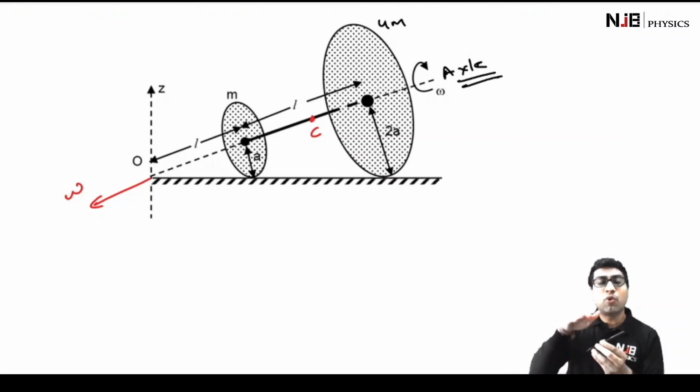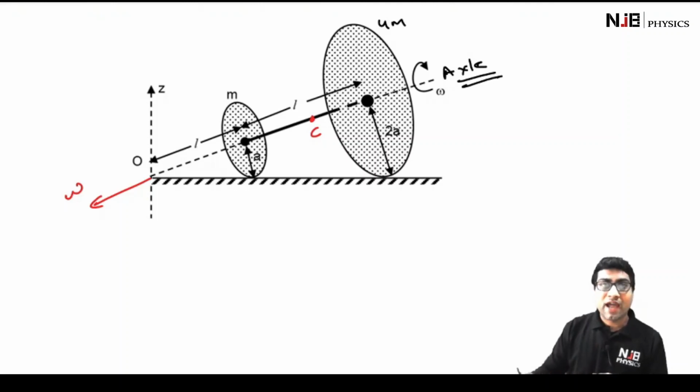And since the motion is a circular motion in the horizontal plane, the angular velocity must be in the positive Z direction. Therefore we have to say that this entire assembly, in addition to this omega vector, also has another angular velocity vector which is going to be in the positive Z direction. So let us say that that angular velocity is alpha.